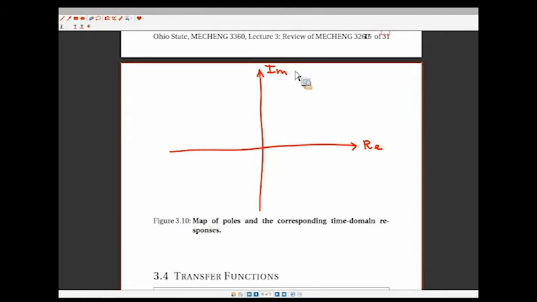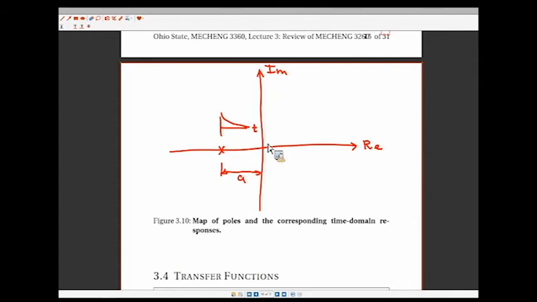So earlier in this class, I talked about if we had a pole at negative a, that's distance a from the imaginary axis, it had a time domain solution that looked like a decreasing exponential, right? So this is a function in time that decays.